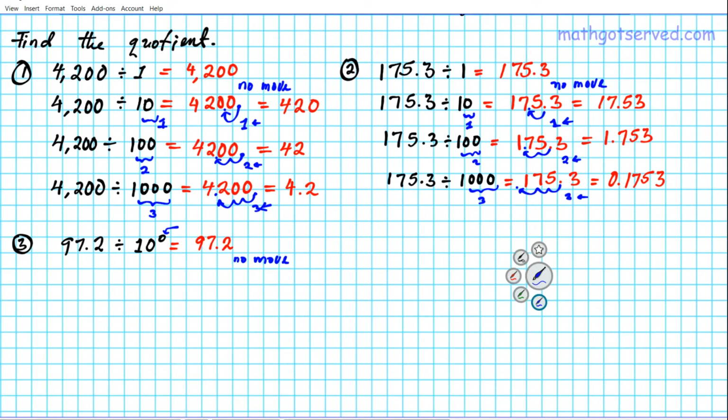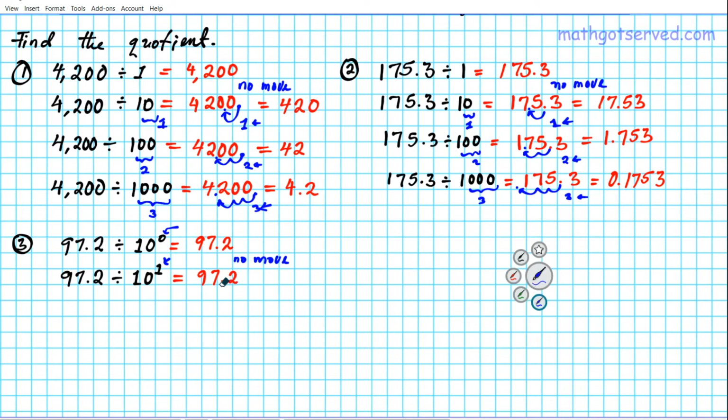All right, so let's take a look at another example. What if we have 97.2 divided by 10 to the first power. Now we have a non-zero power. So what we'll do in this case is look at the value of the power of 10, which is 1. What does that tell us? Since we're dividing, that means we're going to move our decimal point one place to where?